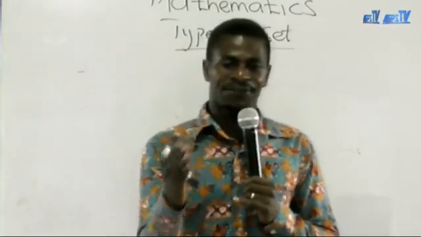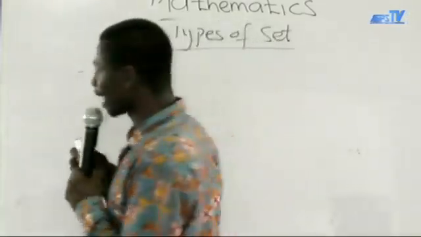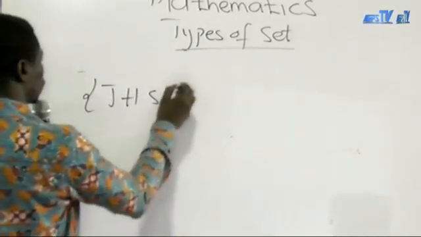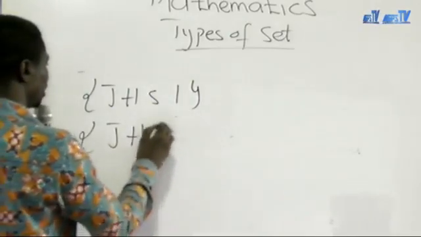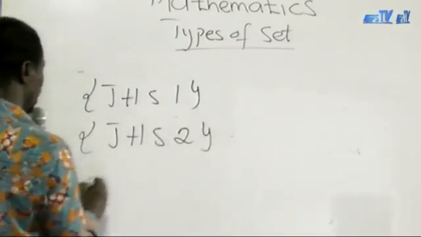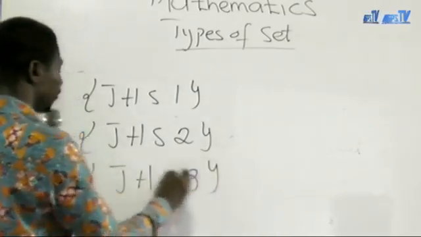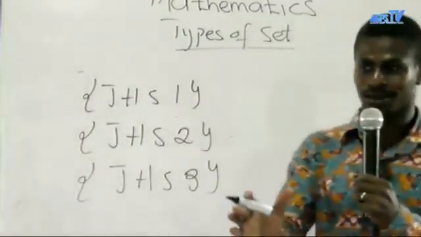So we have 3 different classes, so we can have 3 different sets. So let us assume that we have set JHS 1, then we have another set JHS 2, then we have another set JHS 3. So we have these 3 sets. These are 3 different classrooms.